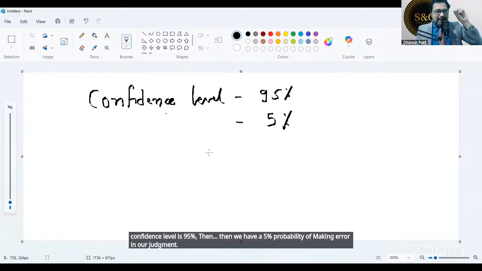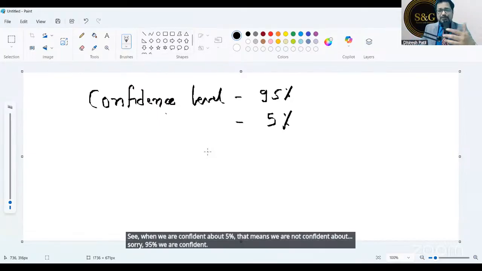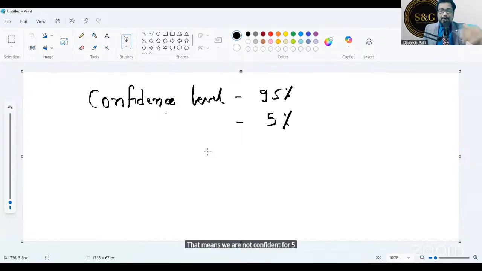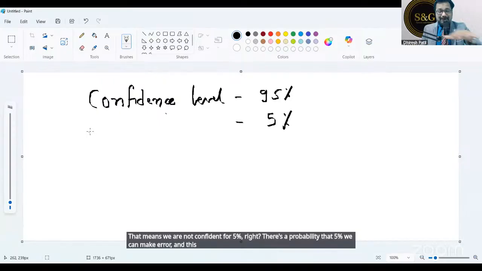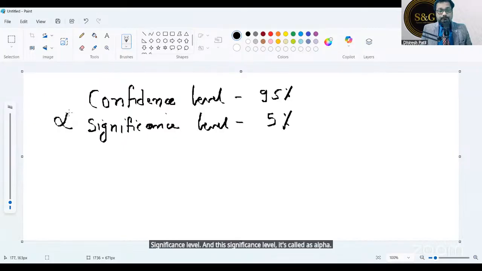We are confident about 95%, which means we are not confident about 5%. There's a probability that 5% we can make error. This level is called the significance level.